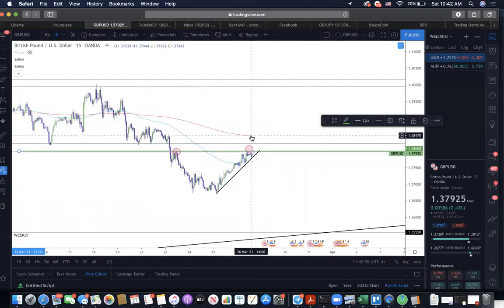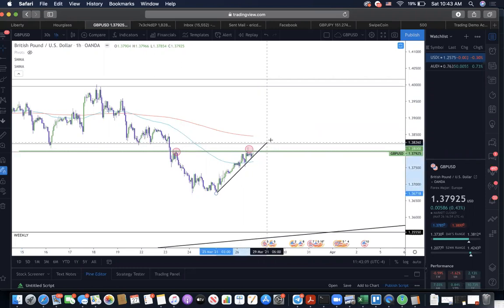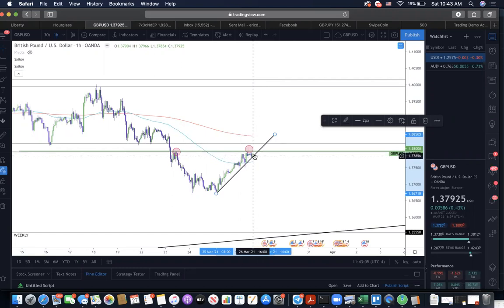If price breaks above this and comes back and retests the trend line at 138, we might be looking at a potential buy situation. All right, so I'm gonna extend this trend line out. Price breaks above, all right, come back and retest. Might be an indication to go long, but I don't know.